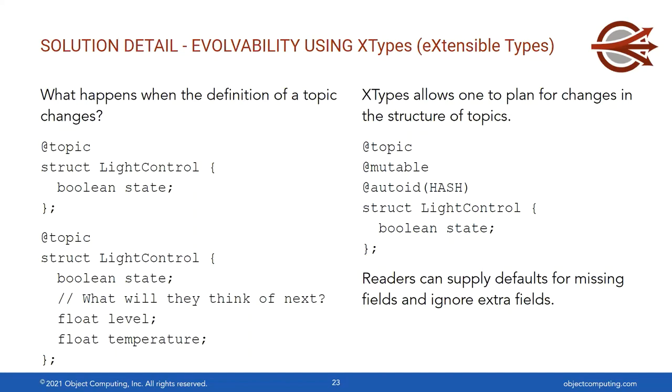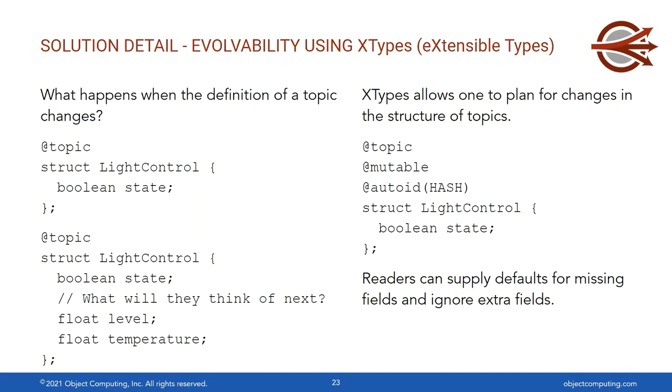By using a DDS spec and technology that's implemented in OpenDDS called extensible types, or XTypes, we can plan for changes in the structure of the topics. In this particular case, we annotate our topic saying that it's mutable, meaning that we may add or remove members to it in the future. And we provide a way for identifying the members across changes. In this particular case, we take the hash of its name.